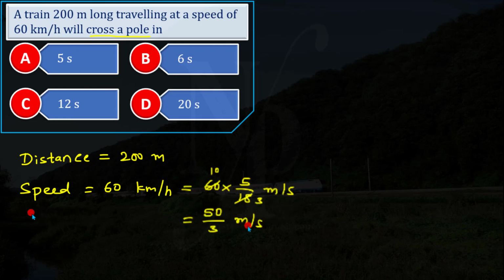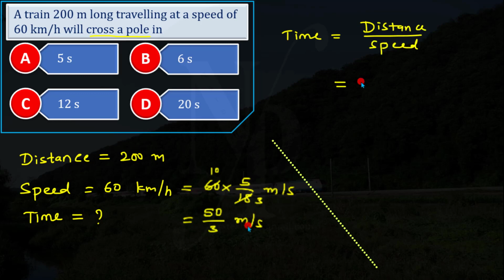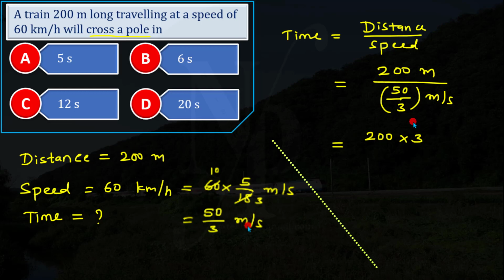So we should find time. Speed is distance by time, so time is distance by speed. Distance is 200 meters, speed is 50 divided by 3 meter per second, which can be written as 200 into 3, I am taking this 3 to the numerator, divided by 50.